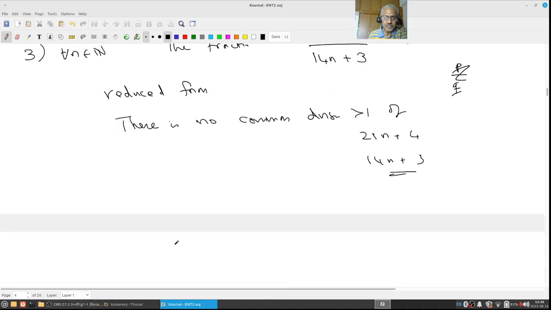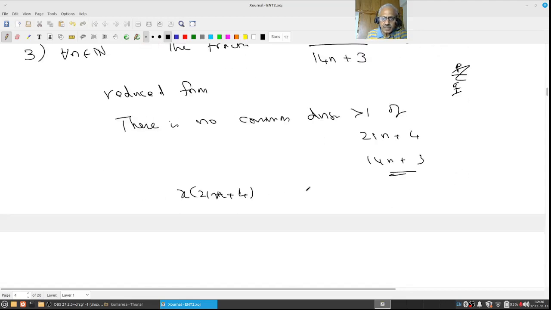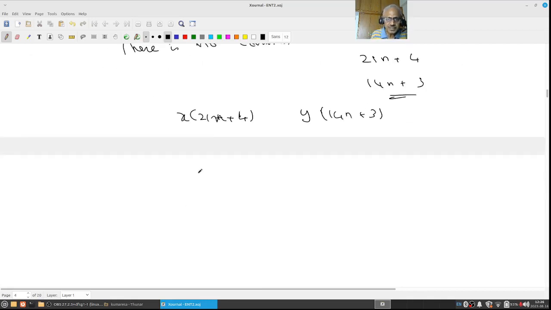So this is where our idea comes in. What I have to look at is 21n plus 4 and 14n plus 3. Again remember what I want: I want something smaller. Please pay attention. This is 21n plus 4 and this is 14n plus 3.